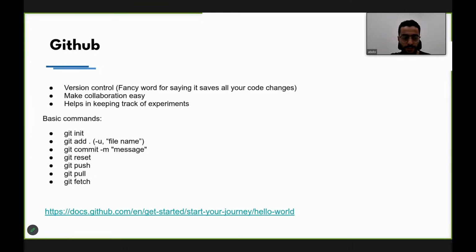And git fetch is a more general way of doing git pull. It fetches all the branches on the repository. So git pull pulls a specific branch, and git fetch pulls everything. I didn't mention what a branch is. I was mentioning that you have multiple versions of your code, right?